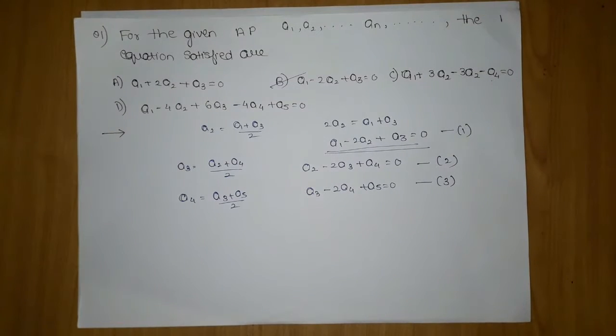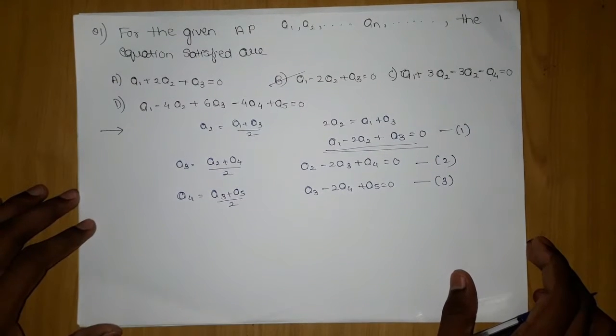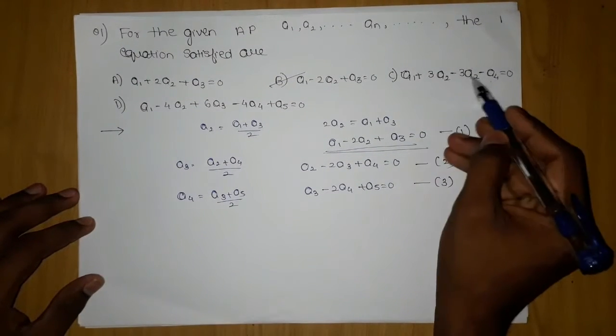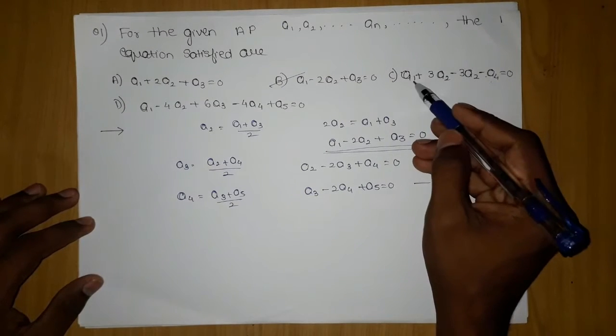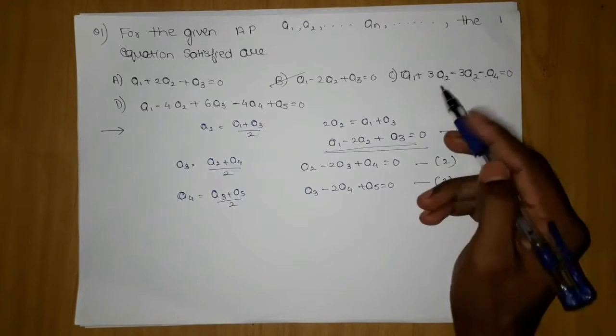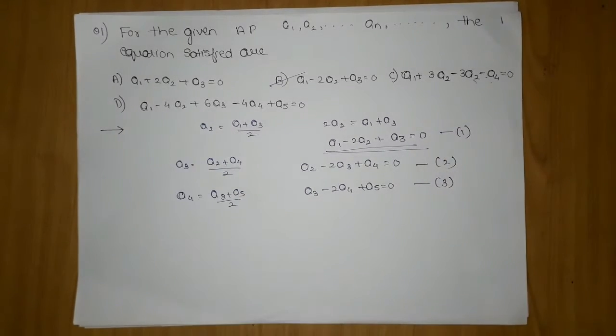Here, if these two cancel out, I will have A1 minus A4, so A1 should be equal to A4. So for sure this option is not correct. Now we want to verify this one, but we have to think how can we get this?